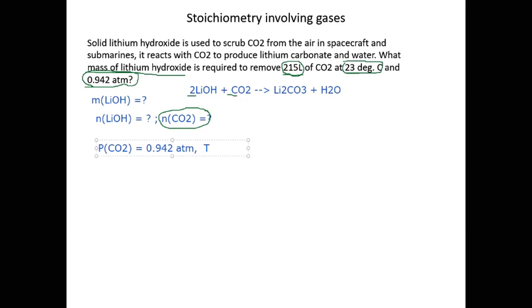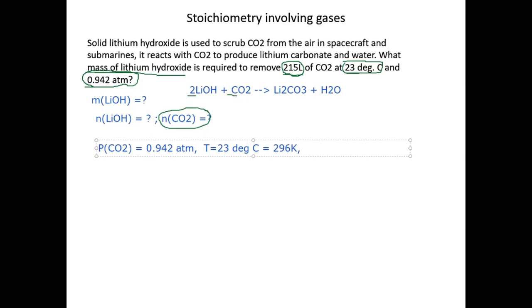We have the temperature, which is 23 degrees Celsius. So we need to convert that to Kelvin, which would be 296.